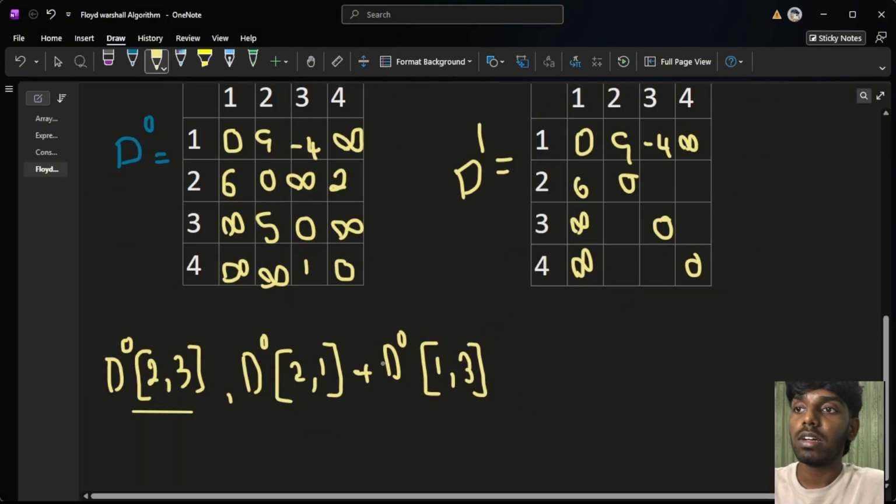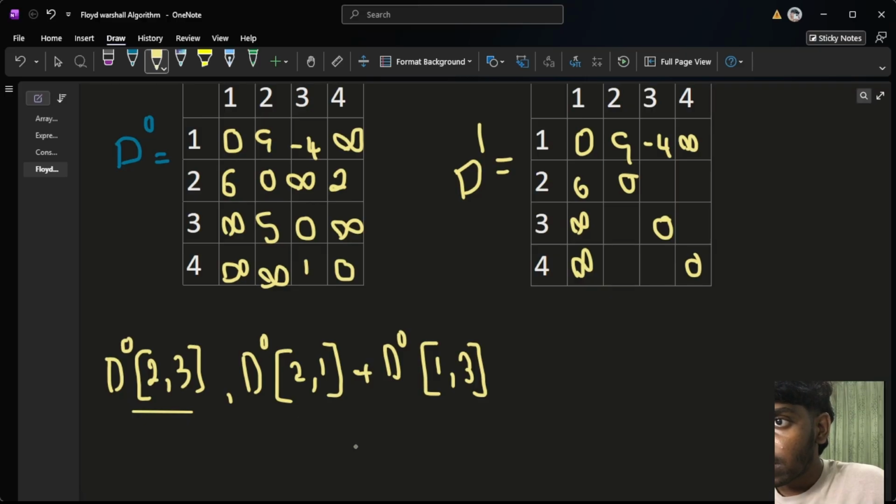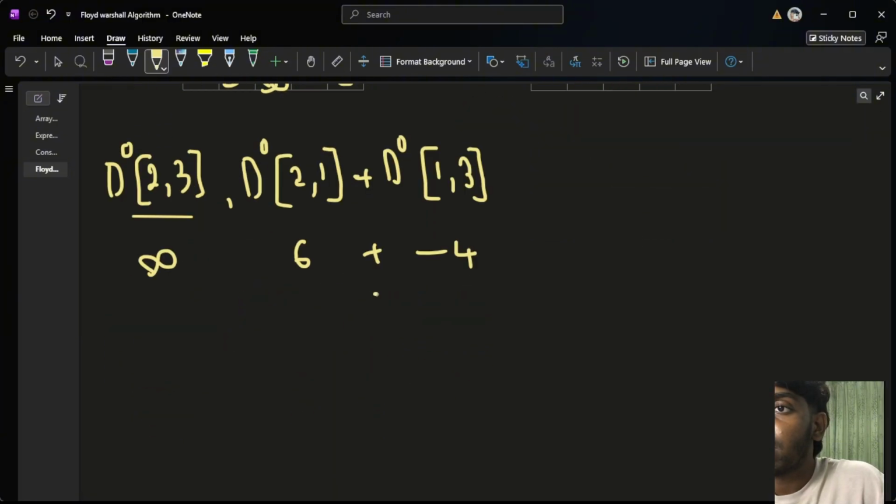You have to look carefully to understand how the formula works. So 2 to 3 is infinity, 2 to 1 is 6, and 1 to 3 is minus 4. So 6 plus minus 4 is 2, and the infinity is right here.